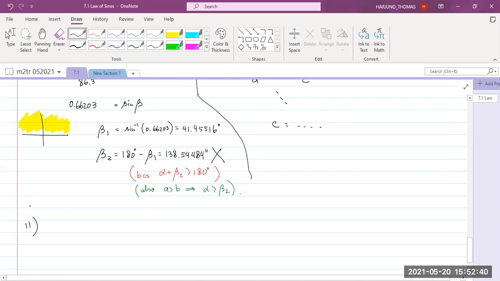Number 11: gamma equals 47.74, side C is 97.84, side A is equal to 131.08. Now we will be looking for alpha, and then after that beta, and then after that side B.